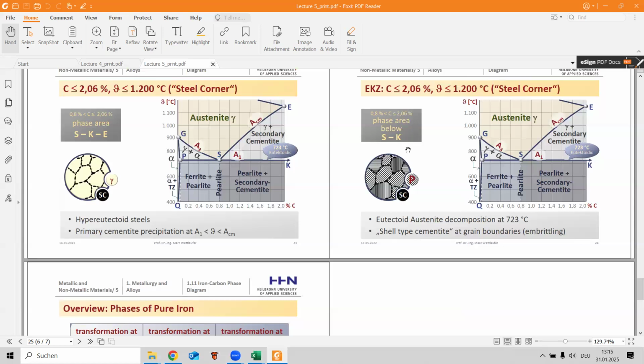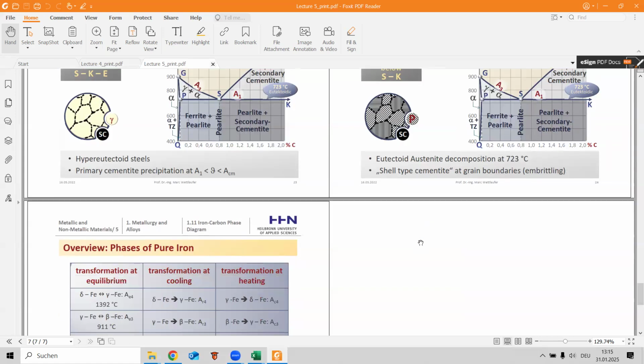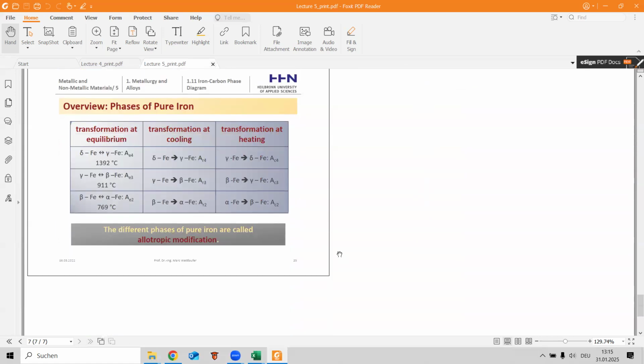Here we have the line SK, eutectoid austenite decomposition at 723 degrees, secondary cementite at grain boundaries.